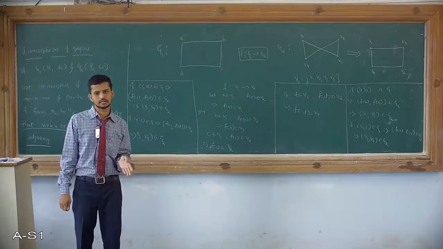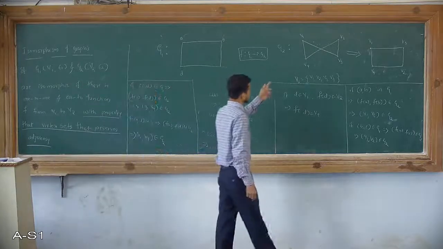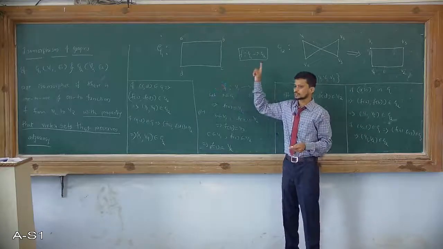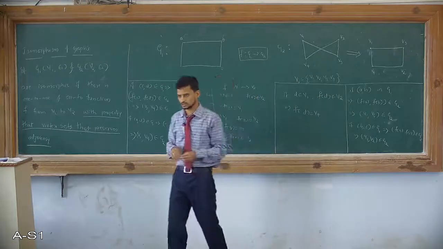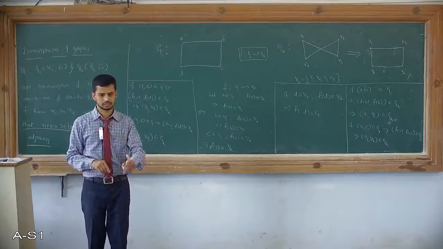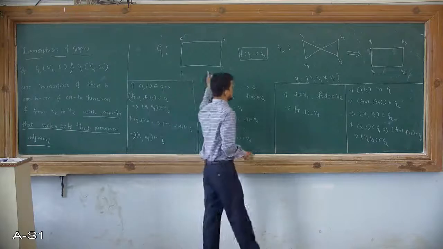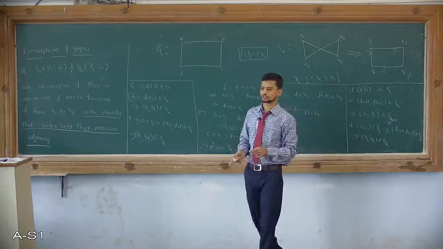I will consider the converse case, meaning the reverse case. If G2 is a given graph and G1 is one more given graph, is a function from G2 to G1 isomorphic or not is the question. So the answer to this question is yes, because you can redraw this graph as G2. So therefore, here G2 to G1 is also an isomorphism.